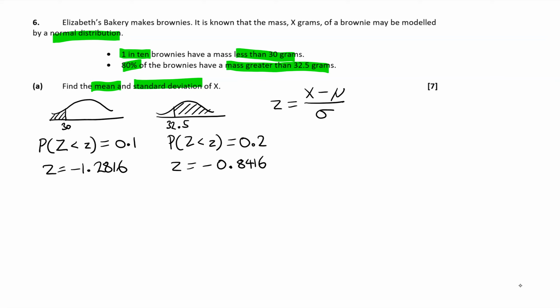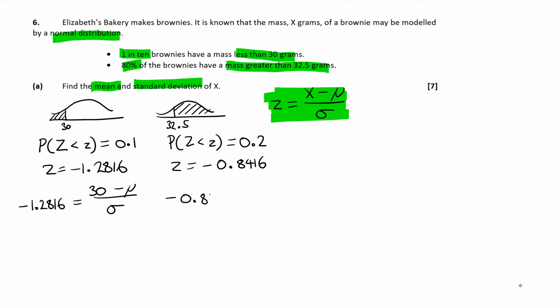So now what I'm going to do is use that formula that I mentioned. You do get it given in the formula book. So I'm going to put in Z and X now. So Z is minus 1.2816. X is going to be 30. And mu and sigma are what I'm trying to find.